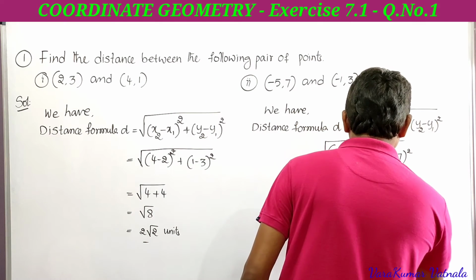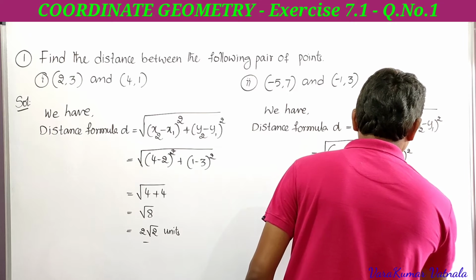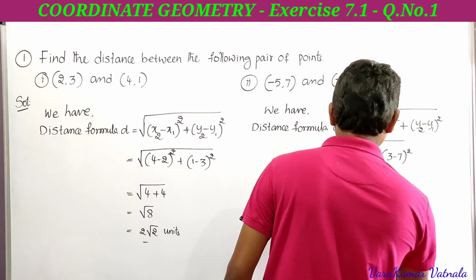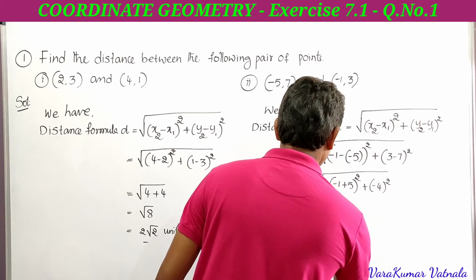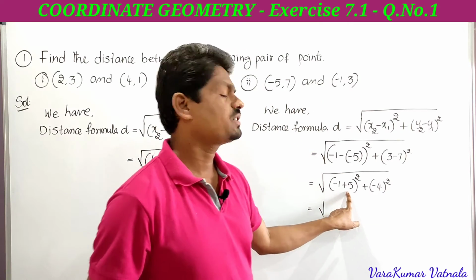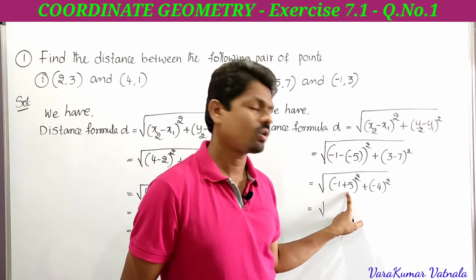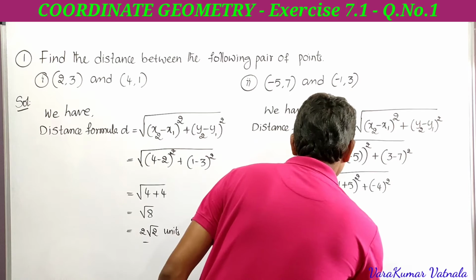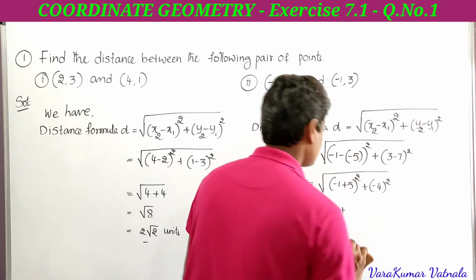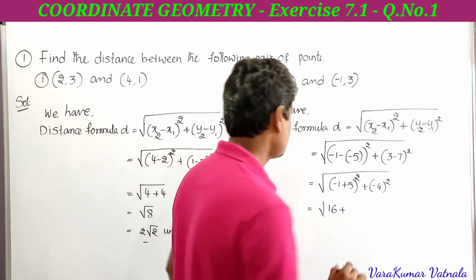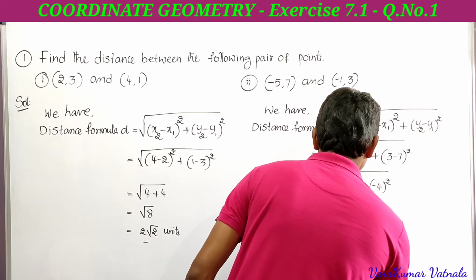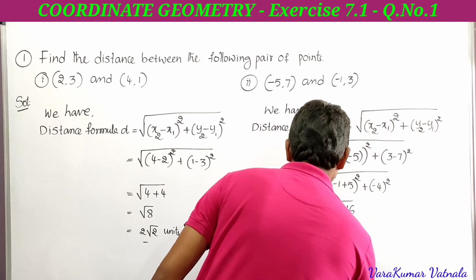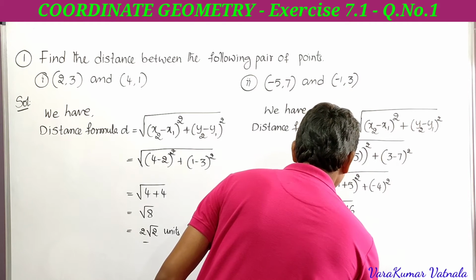In the next step, minus 1 plus 5 is 4, 4 square is 16, plus minus 4 whole square is also 16. So square root of 16 plus 16 gives square root 32.